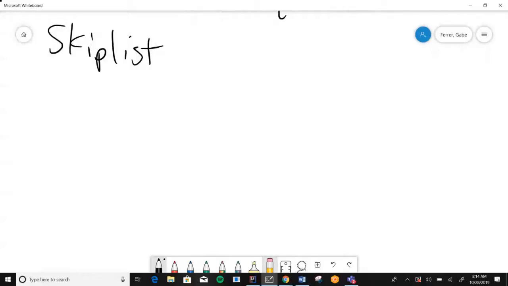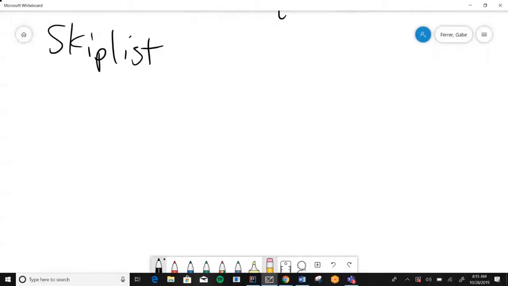So to understand a skip list, we're actually going to begin by reviewing just a regular singly linked list. And what I would really want to call to mind here would be your memory of, in our bonus exam about linked lists, we had this question about inserting an item in order into the list.